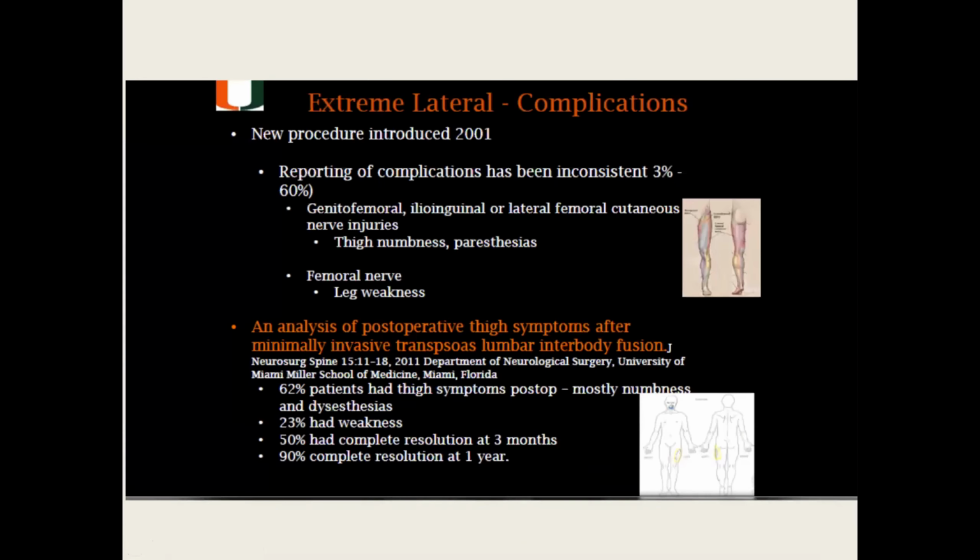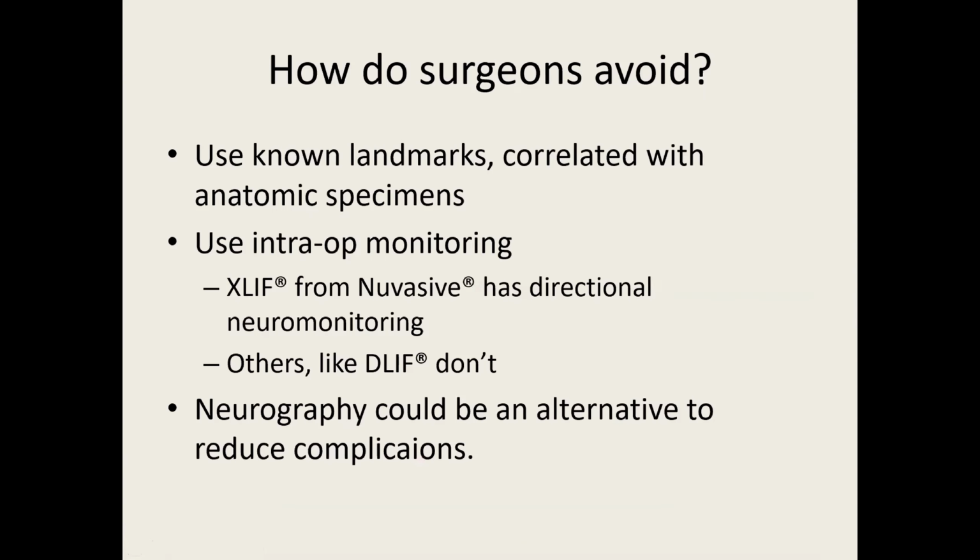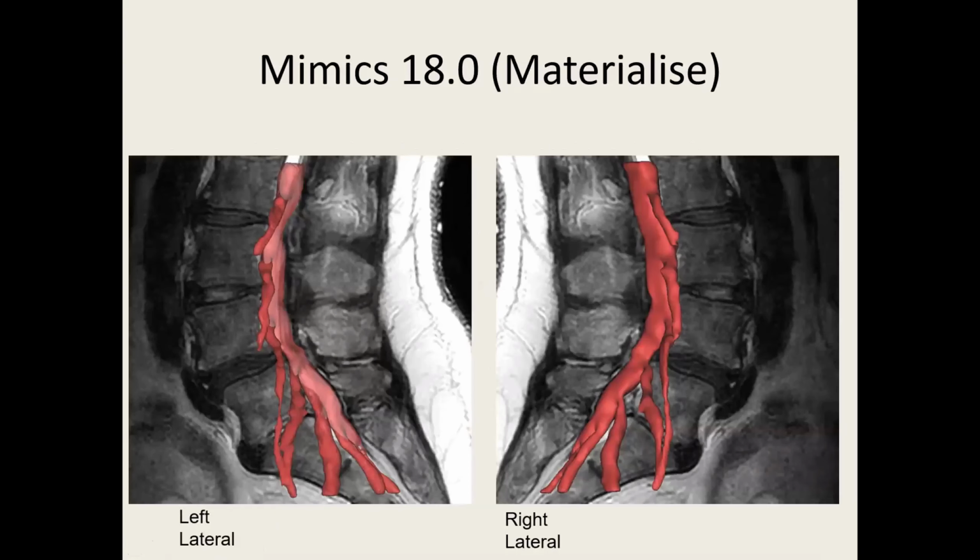So to overcome this complication, people started doing OLIF. In OLIF, we don't have to do neuro monitoring. It's not mandatory, and that is the advantage over XLIF or DLIF. Some people use neurography as an alternative to find out where to avoid dissecting.